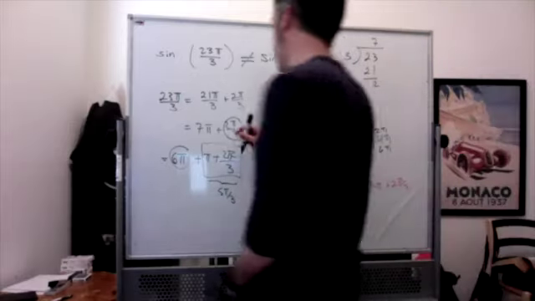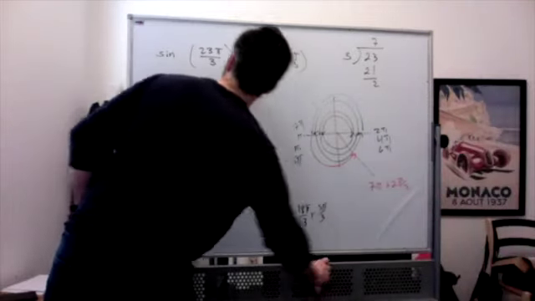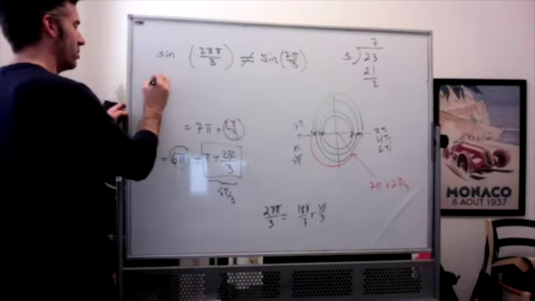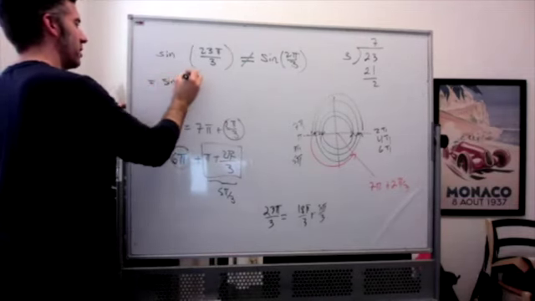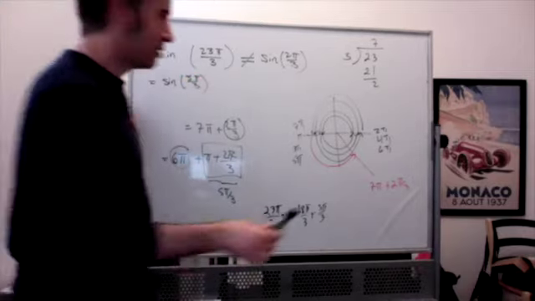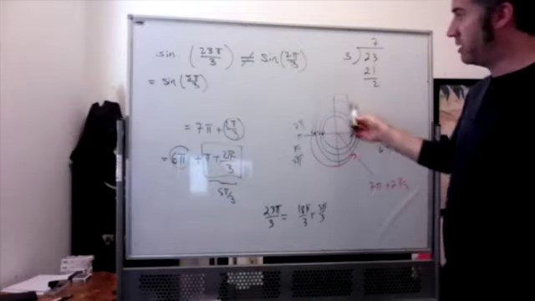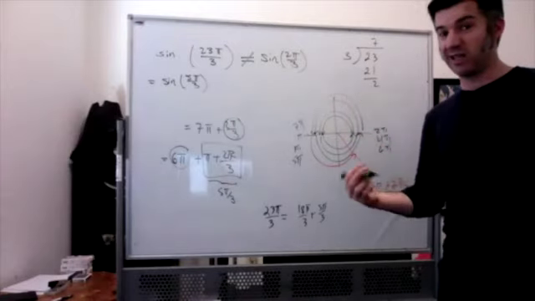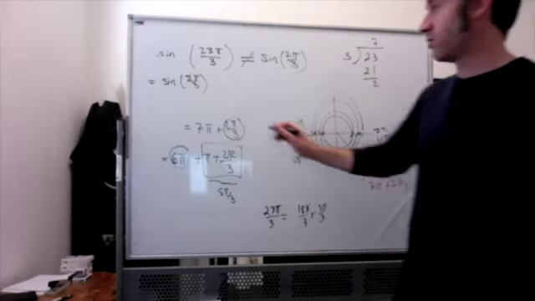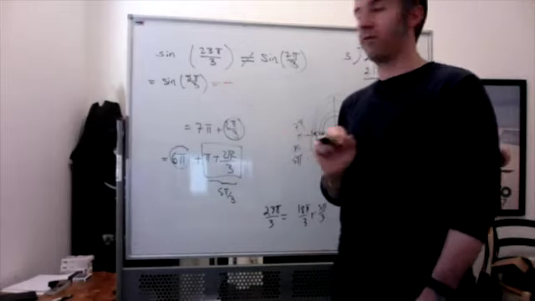And so what I would say is that sine of 23 pi over 3 is equal to sine of 5 pi over 3. And the difference there is that 2 pi over 3 ends up in quadrant 2, where sine is positive. 5 pi over 3 ends up in quadrant 4, where sine is negative.